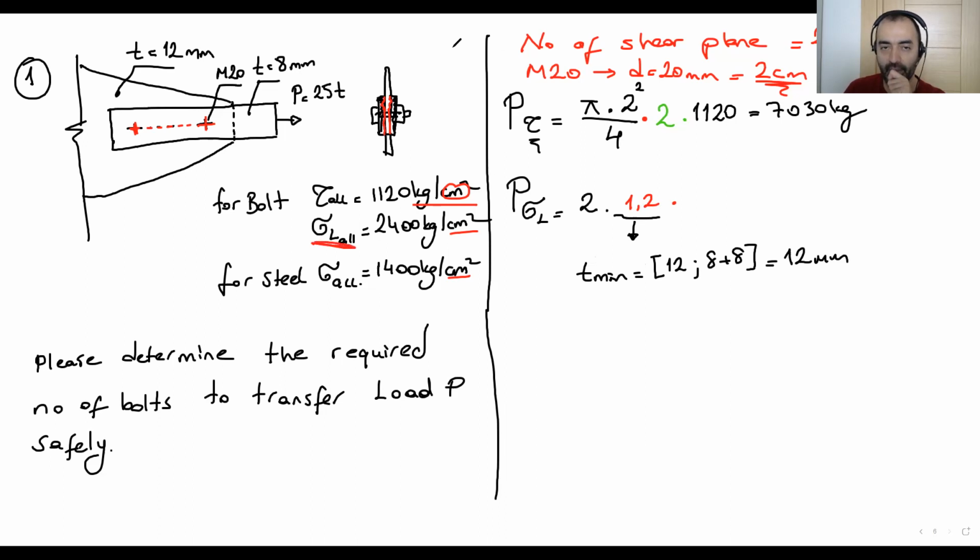Look here. It's 2,400 kilograms. If we make this calculation, its capacity is this. Now, the question asks only the number of bolts. So, since the question is number of bolts, we have to decide the bolt capacity, P bolt.